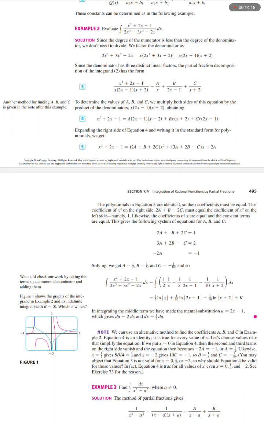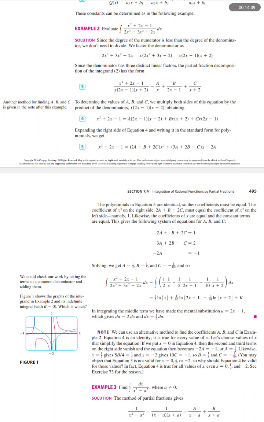If we put x = 0 in equation 4, then the second and third terms on the right side vanish, and the equation becomes −2A = −1, or A = 1/2.